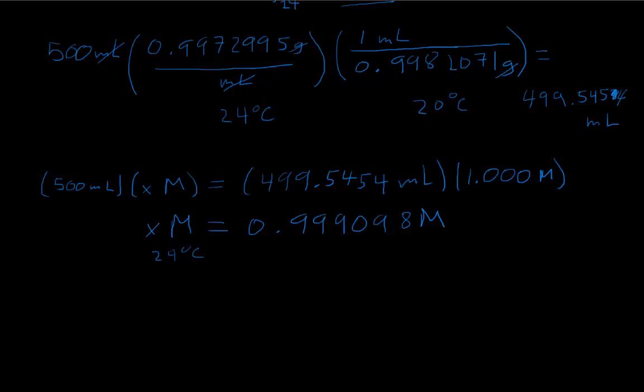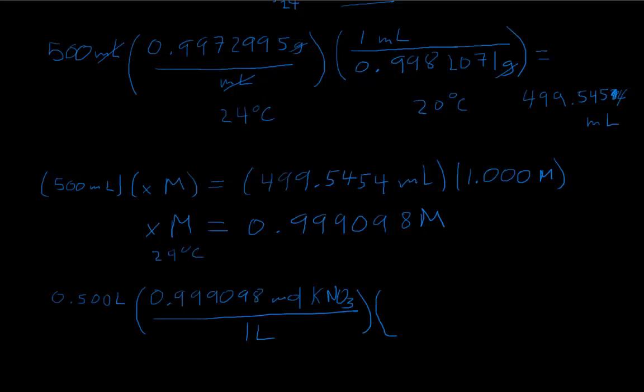So now we need to figure out the next step. How many grams of potassium nitrate I need. So for that, we're going to start off with our 500 milliliters again. So that's the volume of the solution, and I'm going to convert that to liters, 0.500 liters, and then we multiply that by the molarity, 0.999098 moles of potassium nitrate in every 1 liter.